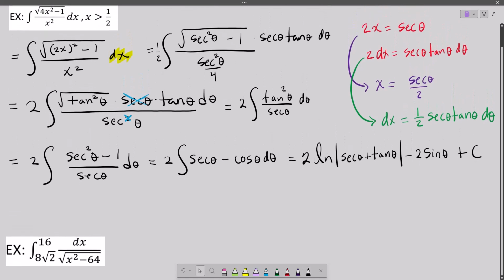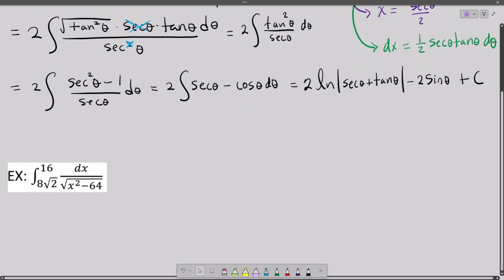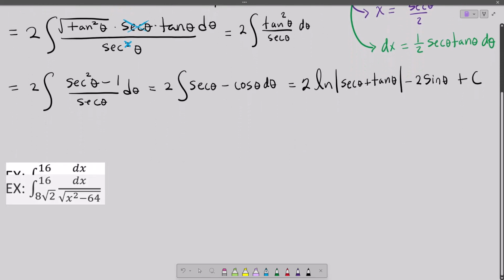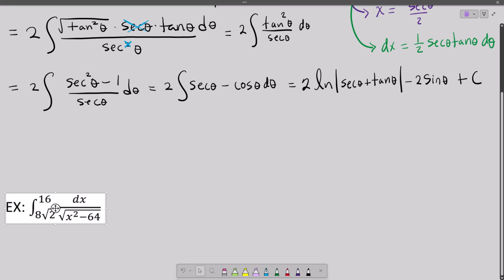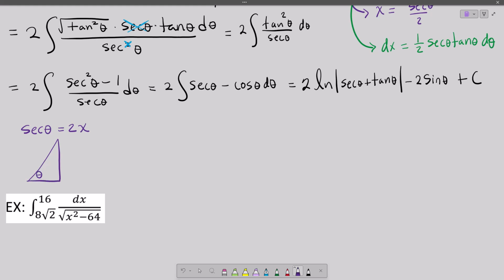Okay, so our substitution came up there, secant of theta equals 2x. So let's build our triangle. Again, quadrant 1, put your angle right there every single solitary time.